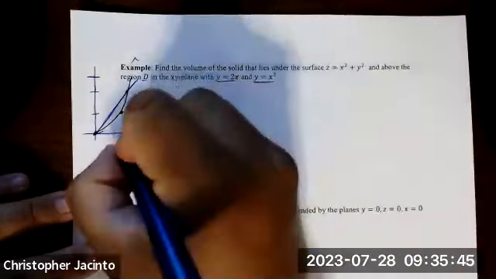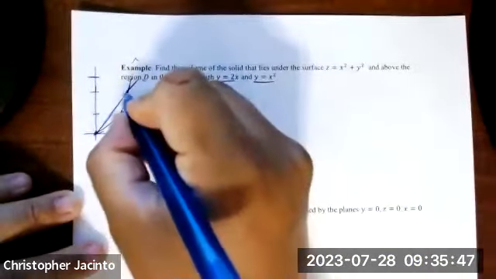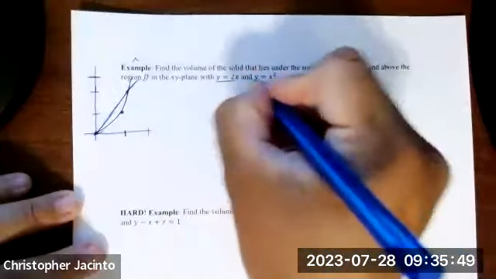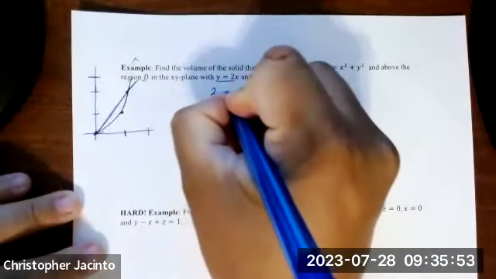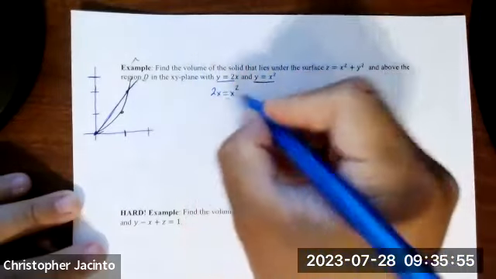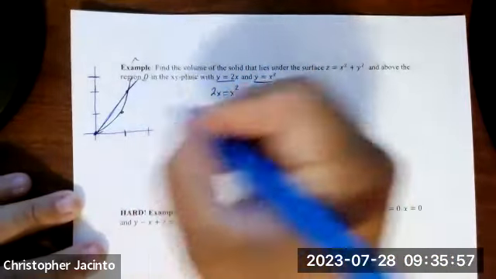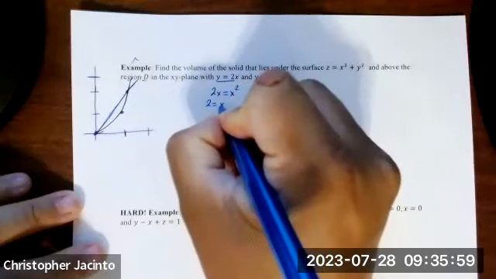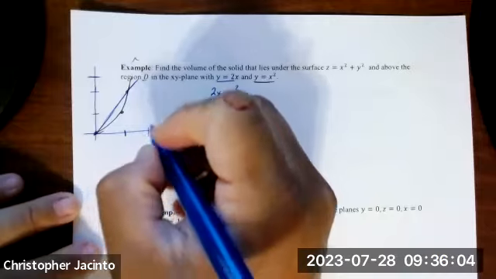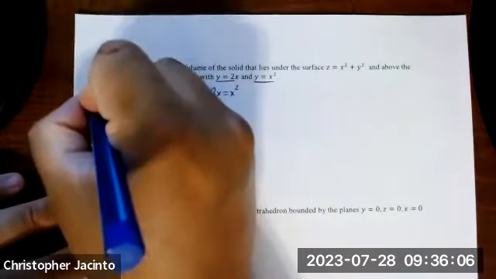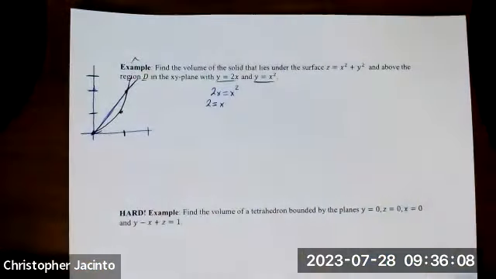Okay. So if you're wondering where they cross, we could just set them equal to each other and see where our bounds are going to be. So we have 2x is equal to x squared. So that makes sense, right? x equals 0 or 2. So it hits at 2. All right, perfect.